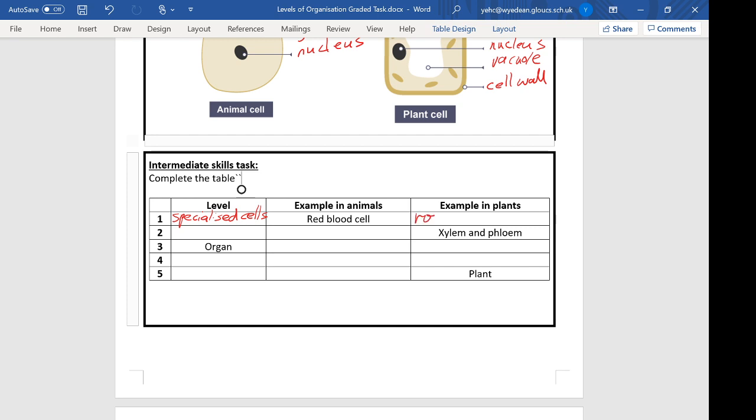Examples you can think of are a root hair cell, or any other type of cell in a plant, such as xylem cell, phloem cell.